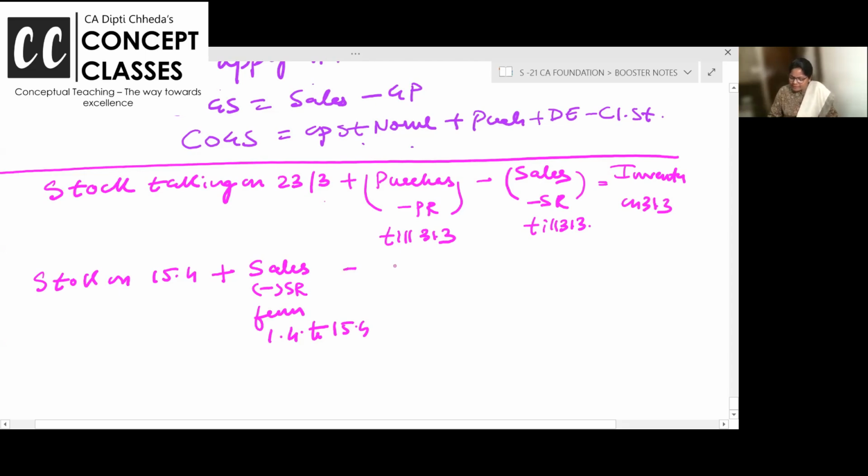Minus, some purchase you have made from 1st to 15th, but it was not there on 1st, so minus. Purchase minus purchase return. Same. From 1st April to 15th of April. You will get inventory on 31st March.